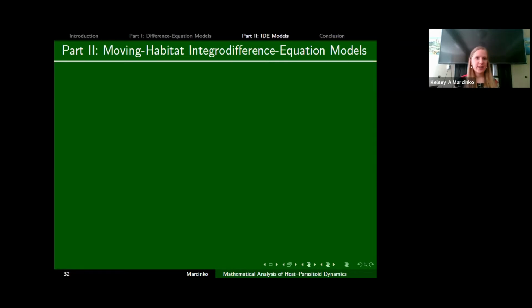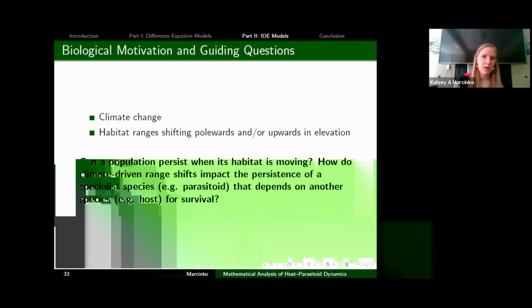Okay, as we're continuing to move forward into the climate change motivated section, we'll turn our attention to the integradifference equation models. So climate change is a powerful force in our modern world, and it's been shown that habitat ranges for different species are shifting polewards and or upwards in elevation.